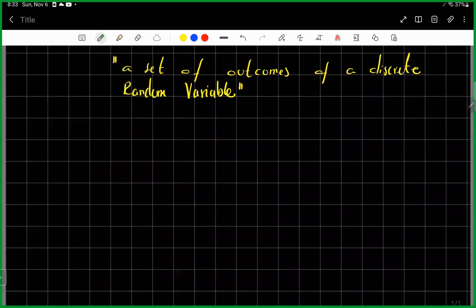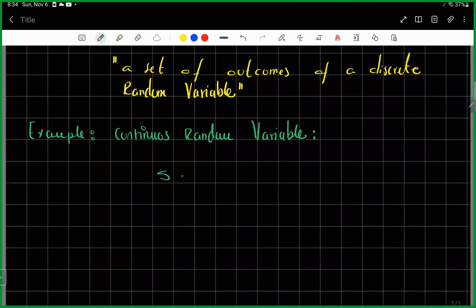Very good. So S can be continuous. So example, continuous random variable. Okay, very good.